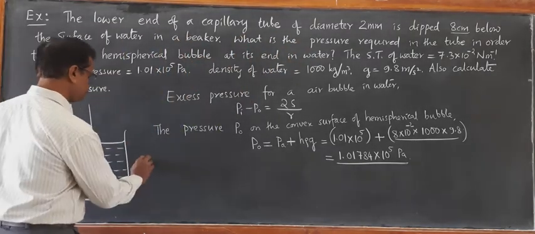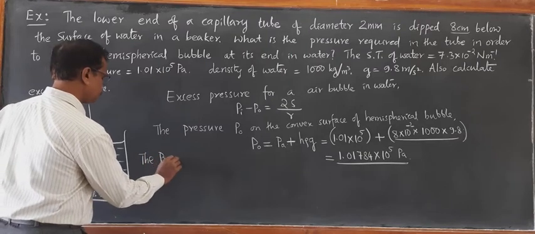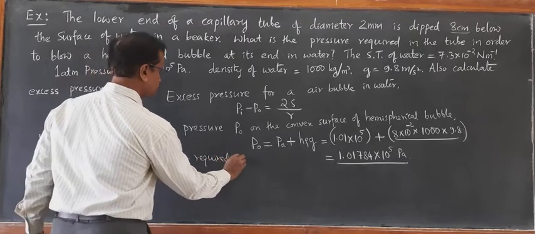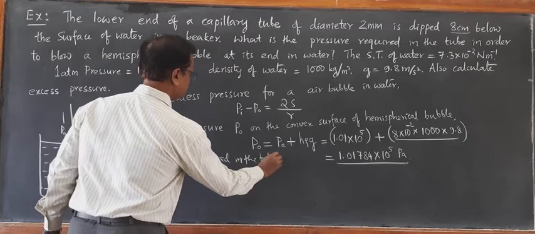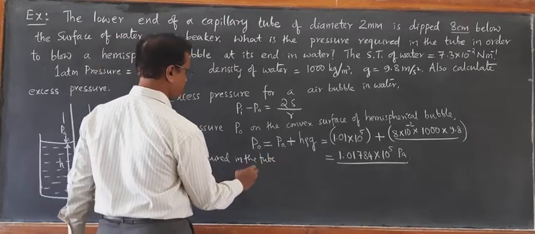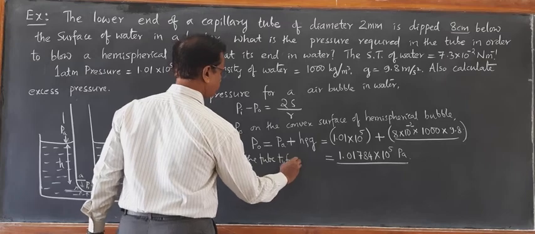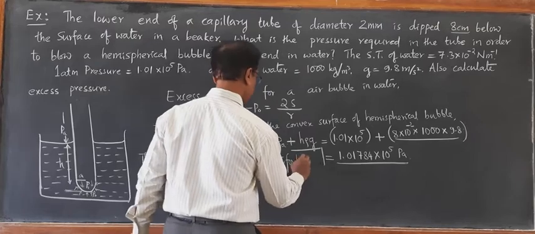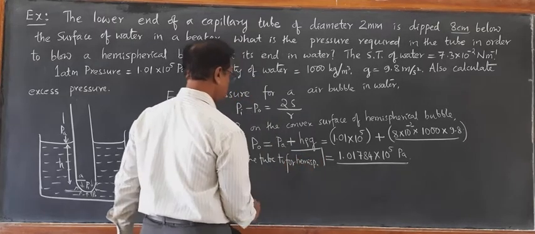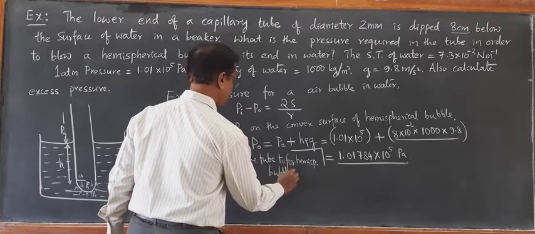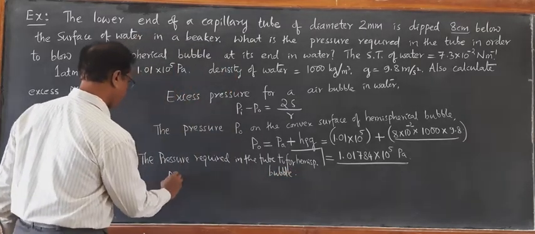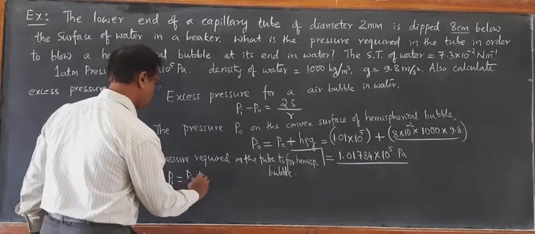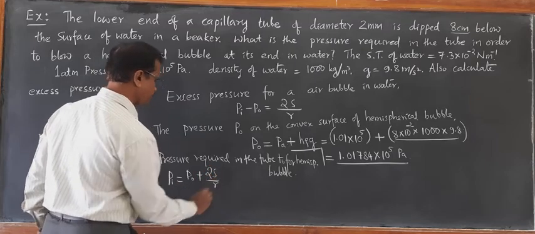That we will calculate. Pi is equal to P naught plus 2s upon r.